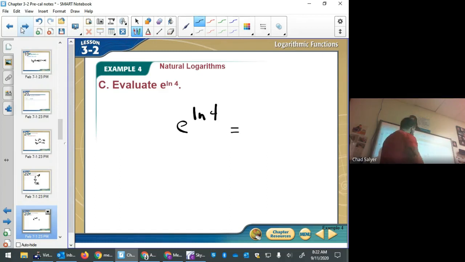It's 4. That's correct. And another way, I would have rewritten it like this if you couldn't figure it out. And that might have made it more obvious. So this is the power I put on e to get 4. That's what natural log of 4 means. So e to the power I put on e to get 4 is 4.